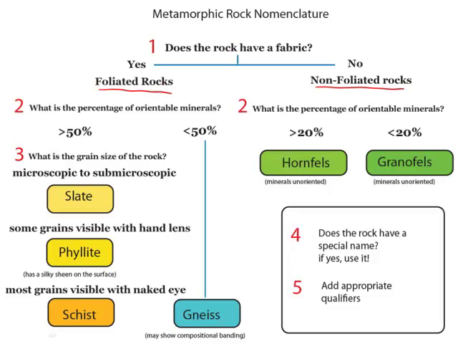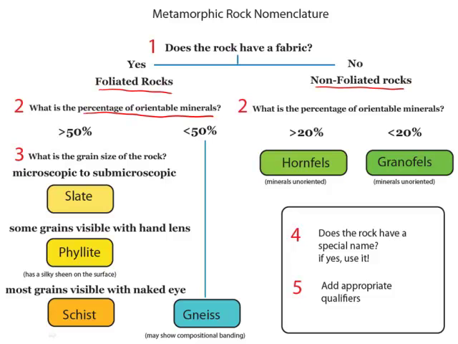Further, the foliated rocks can be classified based upon the percentage of orientable minerals. Typically foliation results from the parallel alignment of micaceous minerals or platy minerals. So orientable minerals here refer to the micaceous or platy minerals.